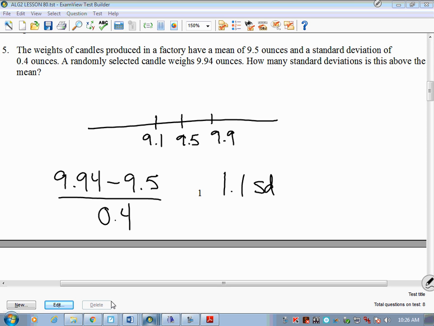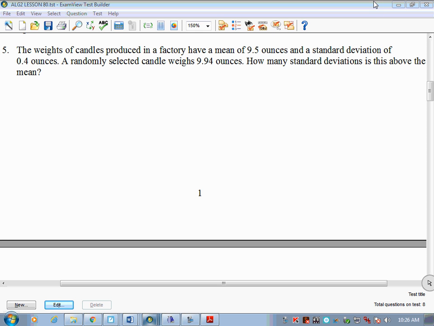That makes sense? When we understand the definitions, like what is a z-score to begin with, not just how do I find it, that's really going to help in knowing when I need to use that formula. Okay, do we have that down? Hopefully. If you don't, let me know.